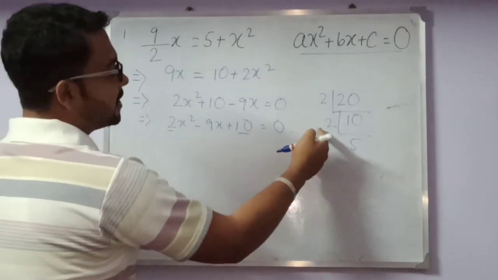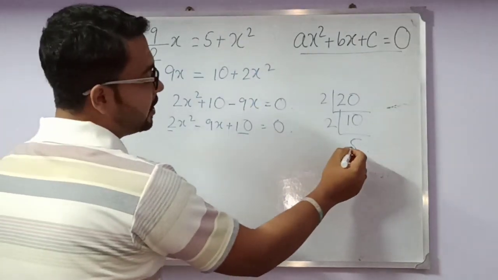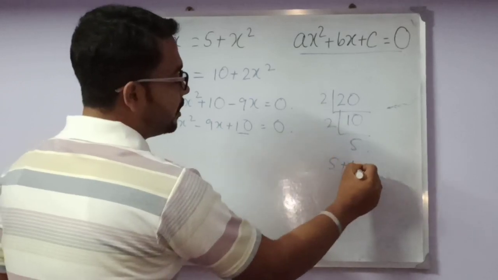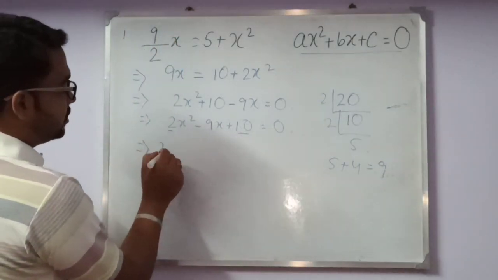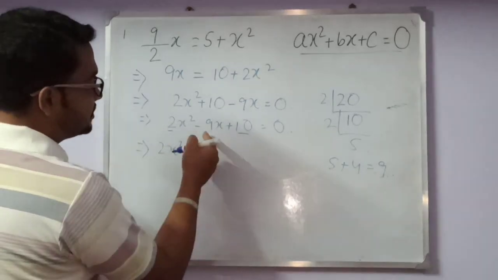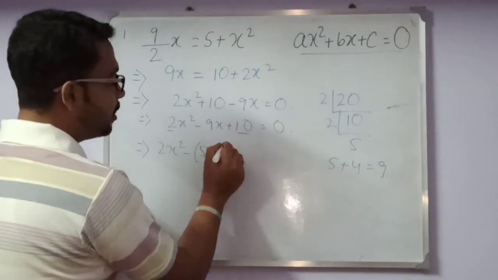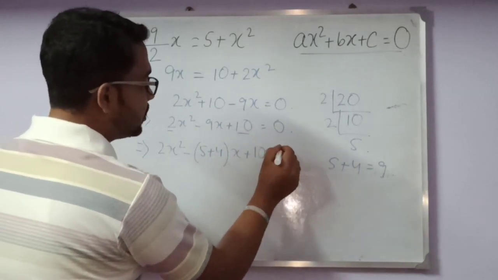From these factors we have to find 9. How can we do this? 5 plus 4 means 9. So we can write 2x² minus 9x as 5 plus 4, from its factors, plus 10 is equal to 0.